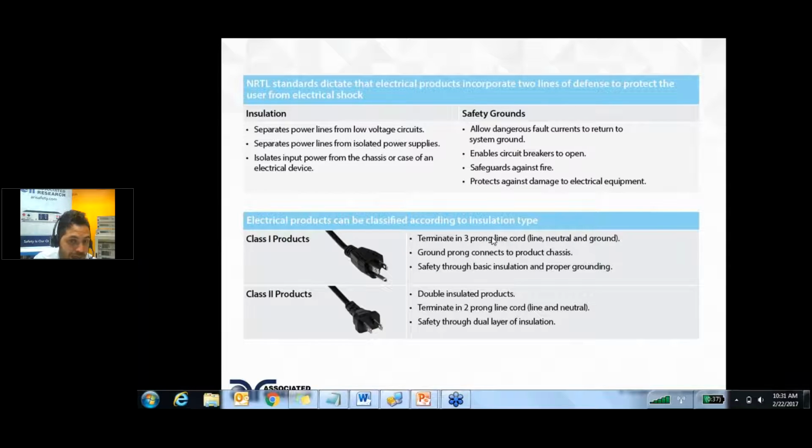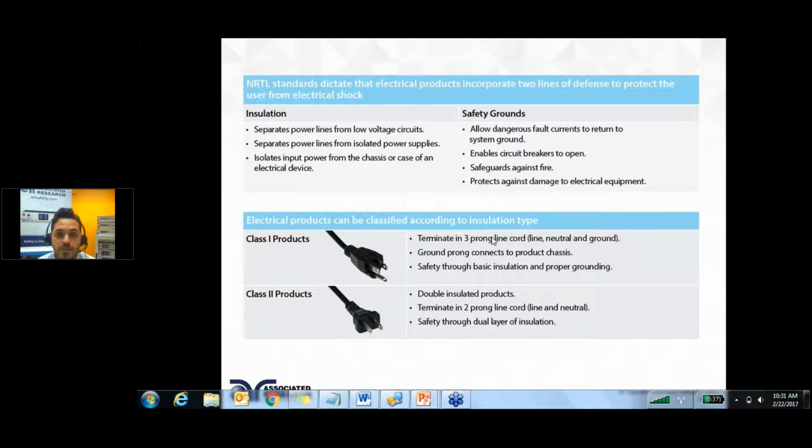And so luckily we have a highly conductive, really low resistance path for it to go on, and that's our ground, right? So our ground catches all that current and returns it to Earth, where if that wasn't there, that insulation will be tested, and if that insulation fails, well, now someone can come into contact with it and get shocked.